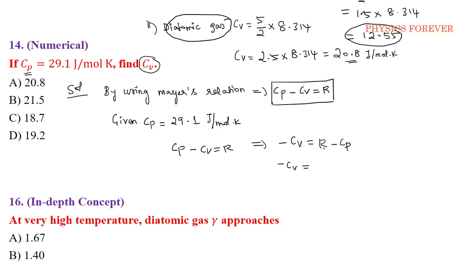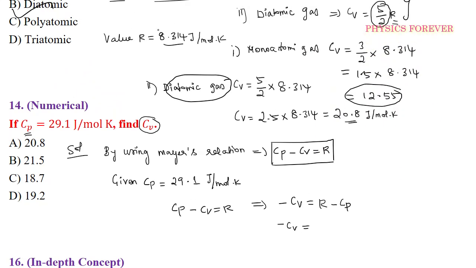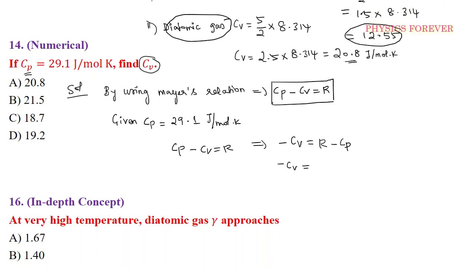What is the value of the gas constant? We gave it in the last question itself: 8.314 joule per mole Kelvin. So 8.314 minus the specific heat capacity at constant pressure given, 29.1.